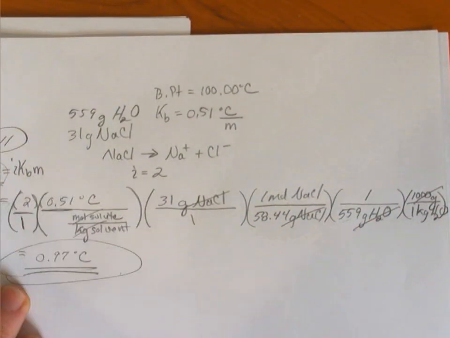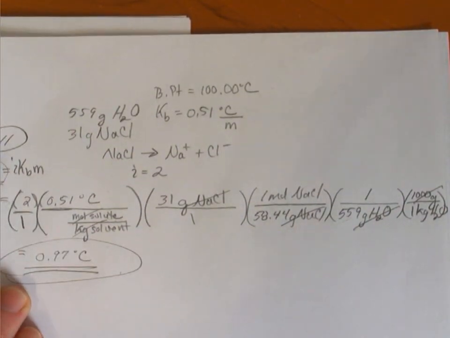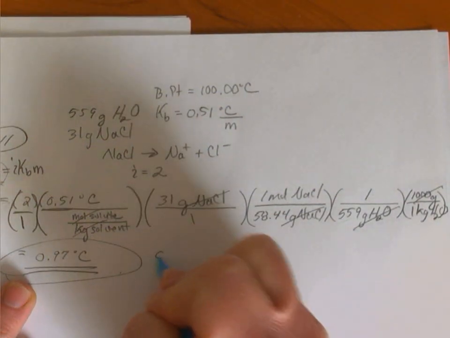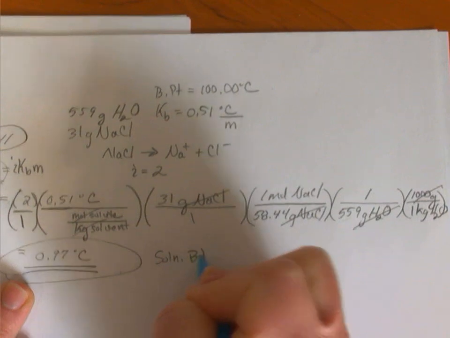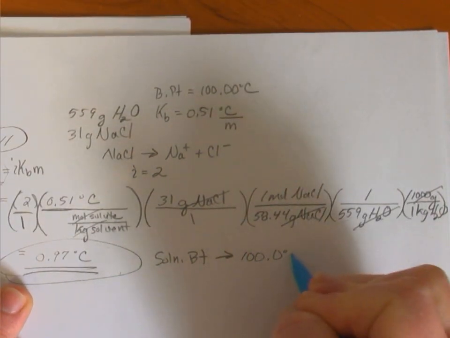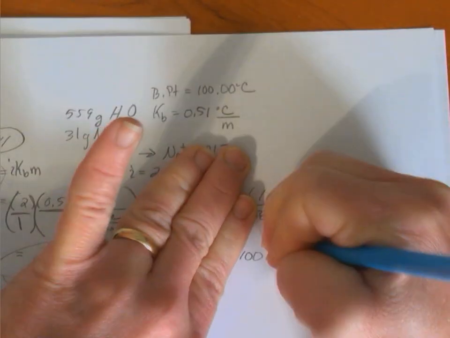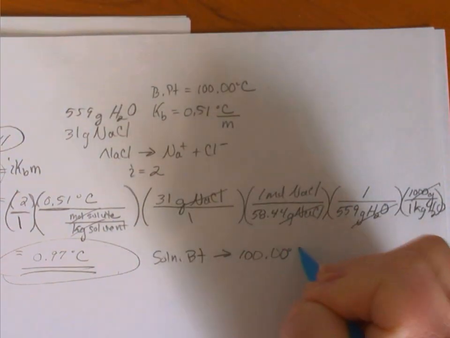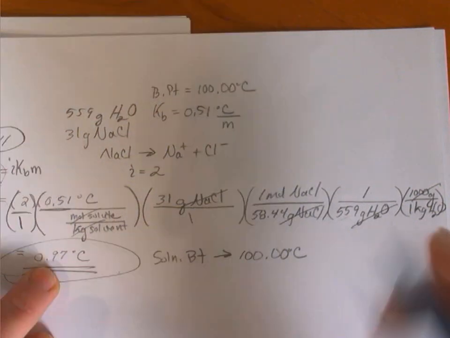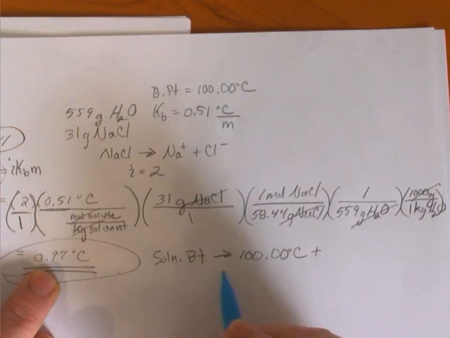So if we were just asked for the change in the boiling point or the boiling point elevation, that's it. But we want the solution boiling point. So you take the pure boiling temperature, the pure solvent, and we know it's boiling point elevation. So the boiling point of your solution will be higher.